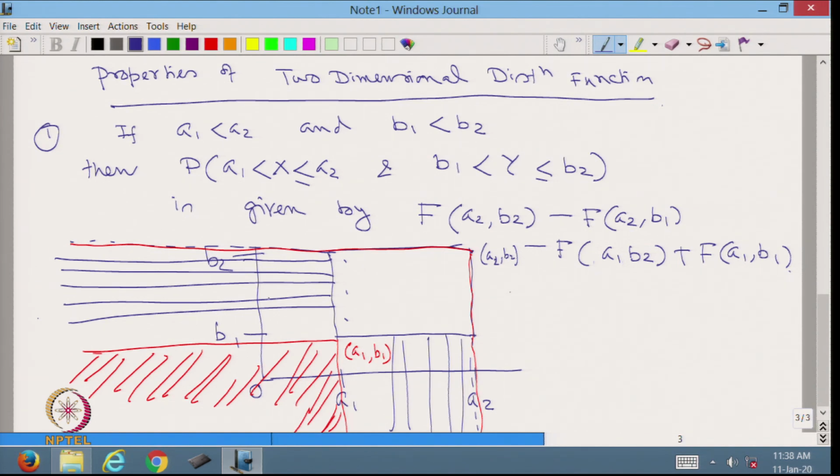Therefore, we cannot define these rectangles explicitly. So, we try to subtract this rectangle and this rectangle. But in doing that, we have subtracted this part twice. Therefore, to compensate for that, we add F(A1, B1). Thus, we get the formula as I have given earlier.